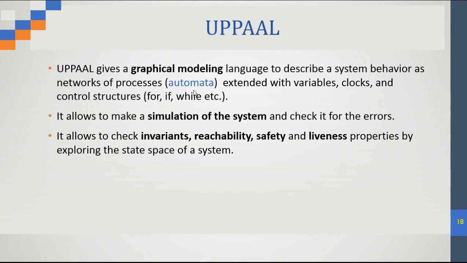We use what we call automata, which is a kind of graphical presentation of the system. So we model the system using timed automata, and then we can simulate and validate the system by checking for errors, by checking whether this system meets the requirements or not.